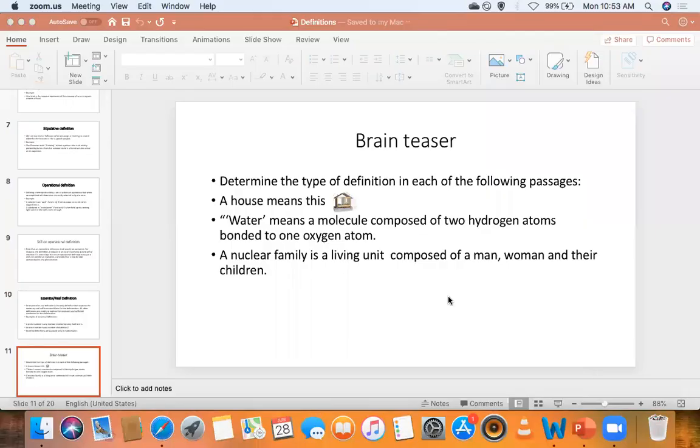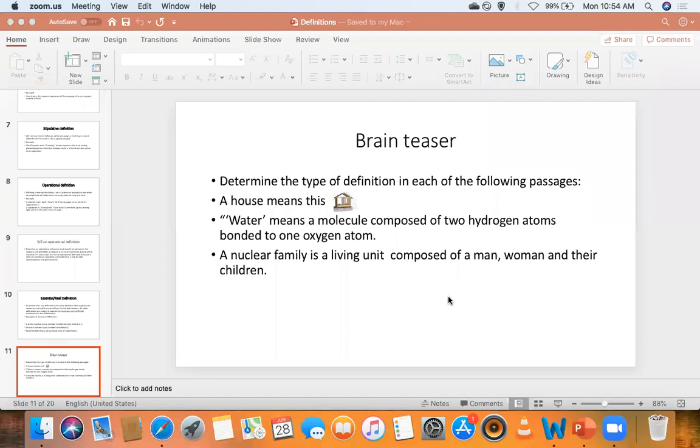Let me go back to the slides and see. Water, theoretical. Yeah, you can call it. Water means a molecule composed of 2 hydrogen atoms. If it is going to be a theoretical definition, then you would have to certify that the term water came from a certain discipline.